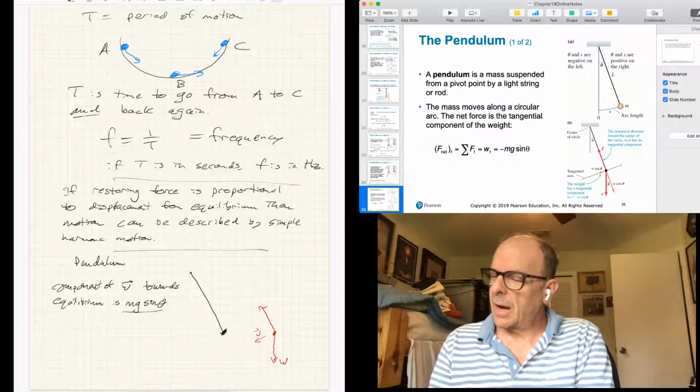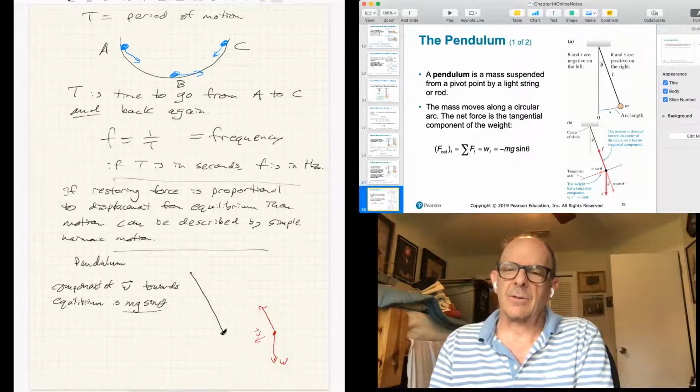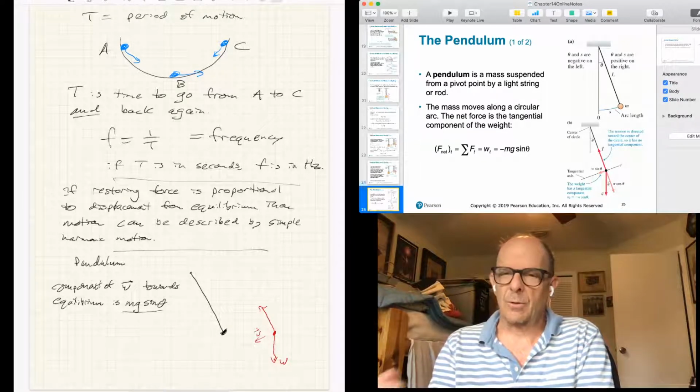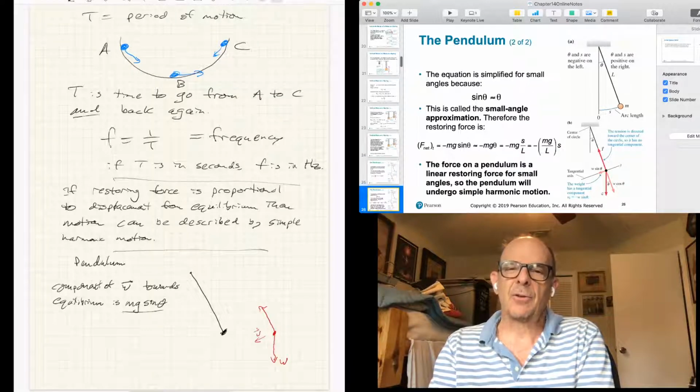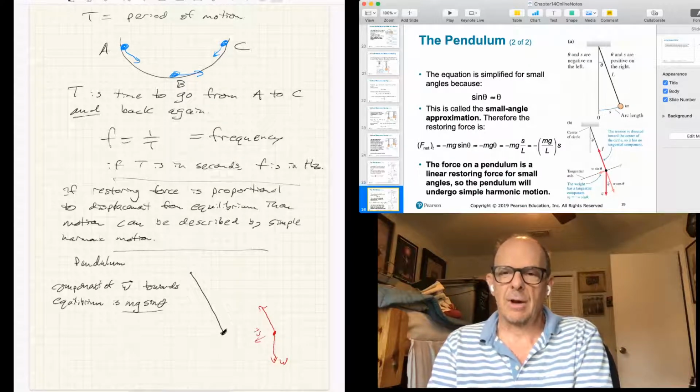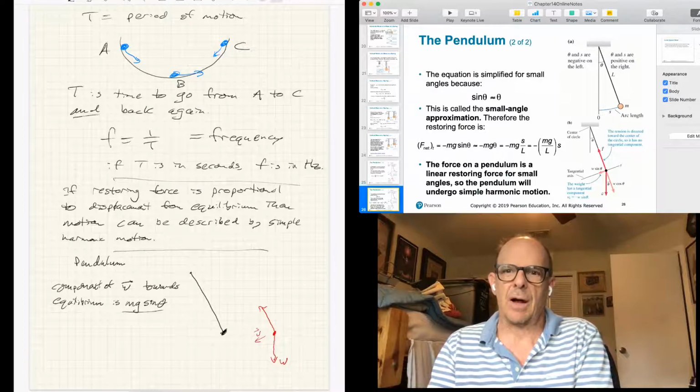And so that component sine theta is not exactly the displacement. We want our restoring force to be proportional to the displacement. But if theta is small, then sine theta is very closely equal to theta, again, using radians. And you can try this out on your calculator. Switch your calculator to radians mode, enter 0.05, take the sine of 0.05, and you're going to get 0.05 also.